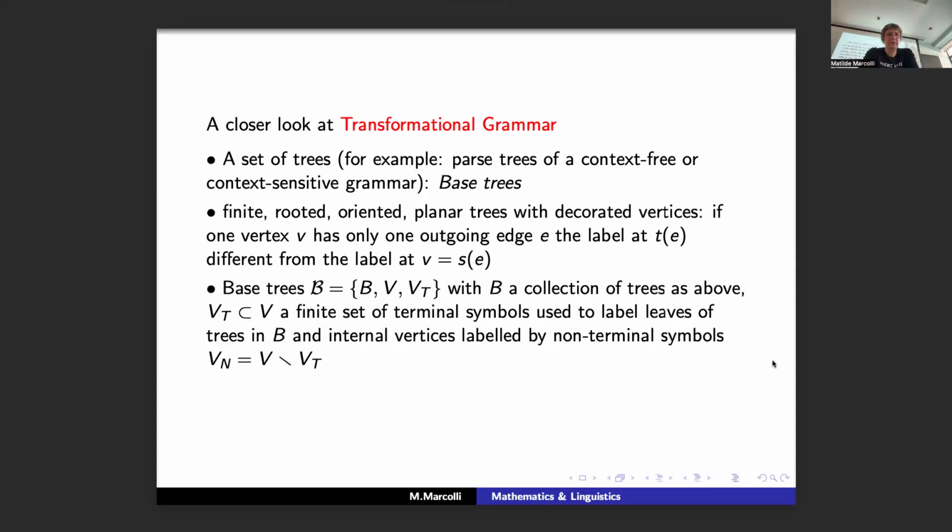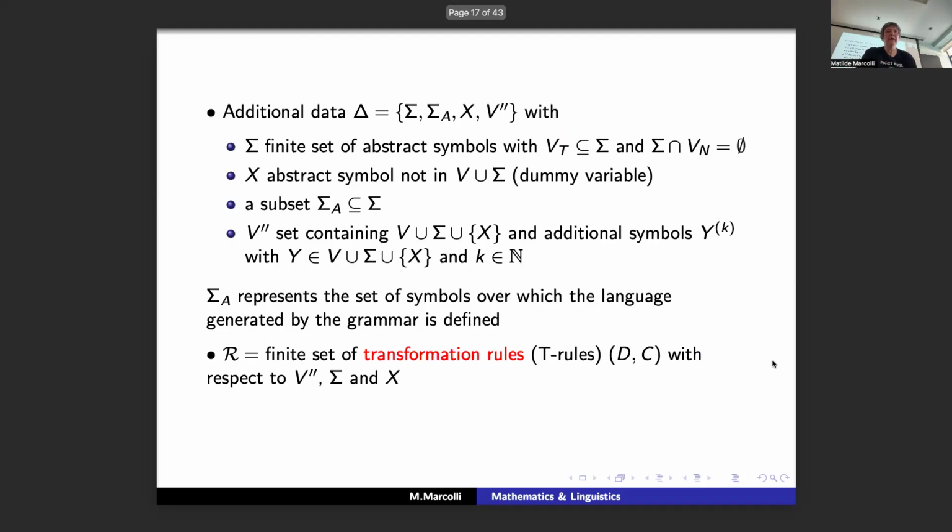And so you basically have this base collection of trees, which are produced by your context-free grammars. And then you have additional data that give you certain markers that you can put on these trees to tell you which parts are movable, which parts are not, and what type of moves you can make on the parts that are movable.